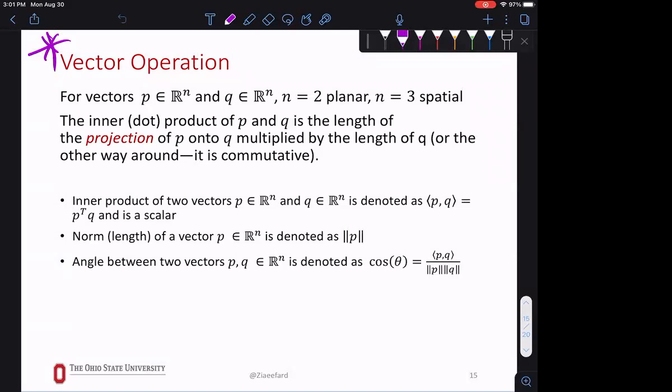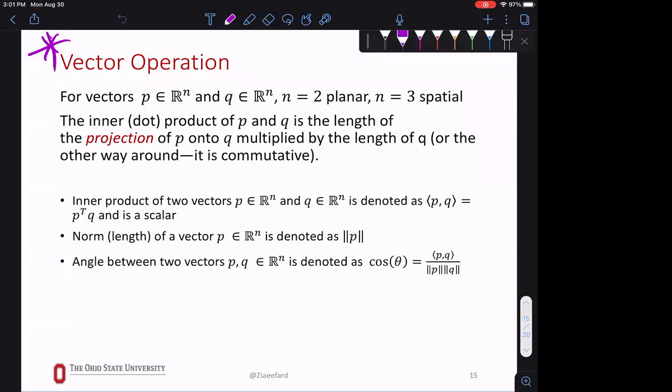Now, assume your vectors P and Q are part of R^n. In our course, n is either 2 or 3, so planar or spatial, 2D or 3D. Now, what is the inner product?